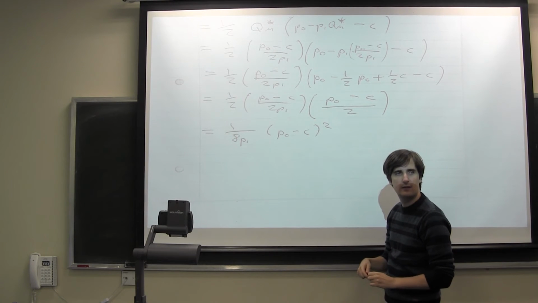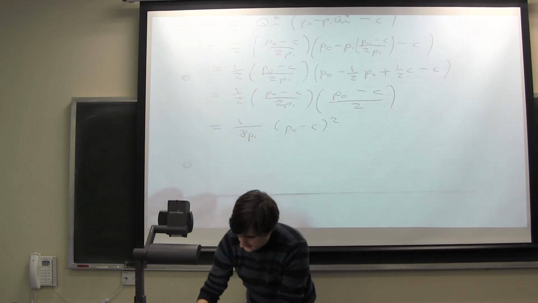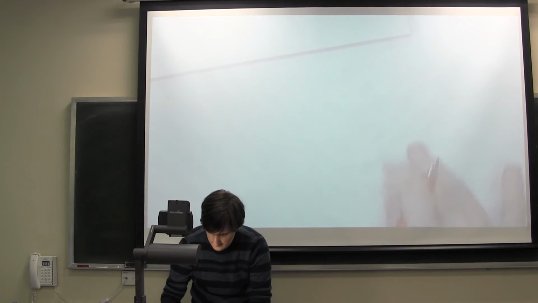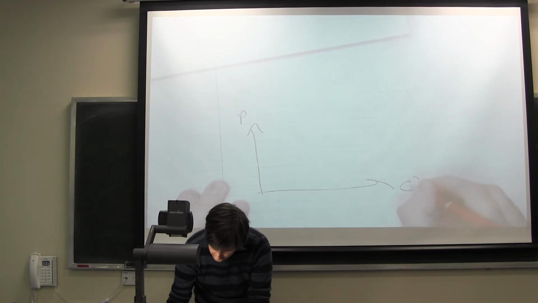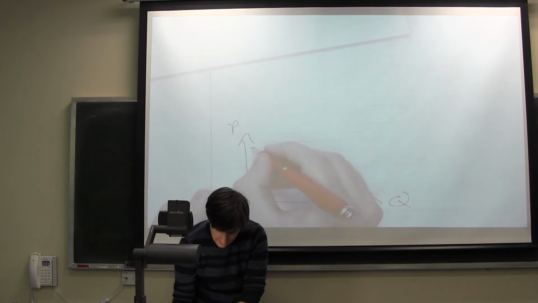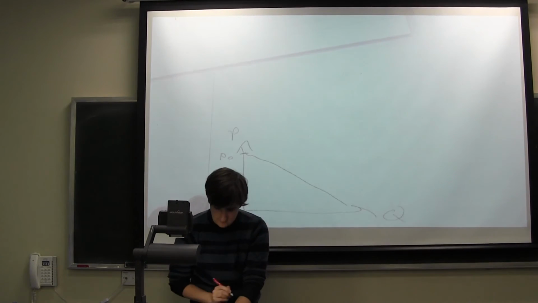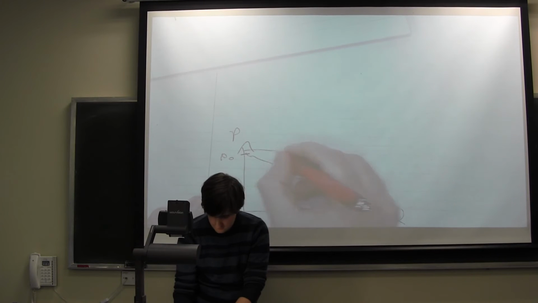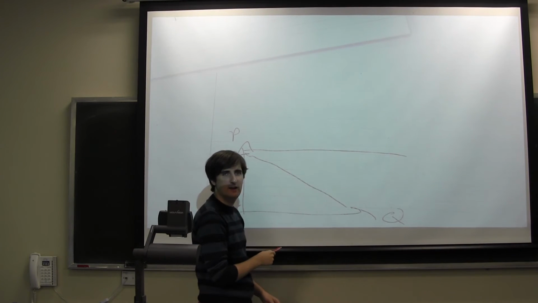Is everything okay? In the extreme case, price quantity is our demand curve. Think about it: if the demand curve crosses here at P0, and in the extreme case C is P0 or higher, then the marginal cost line is up there.